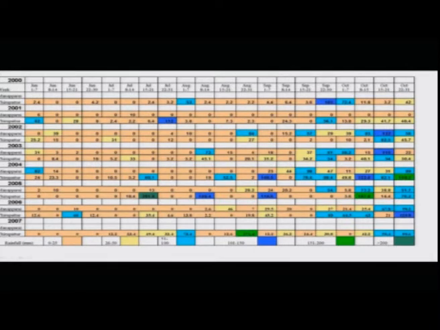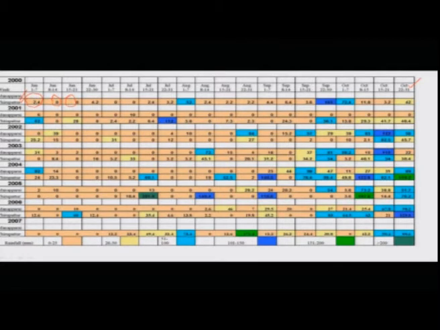Now, what you see here is the weekly rainfall of a particular rain gauge station, assuming the crop seeding is done in the first week of June and it ends somewhere in October. So, the total rainfall amount during each particular week is given in this format. Now, 00 means no rain.